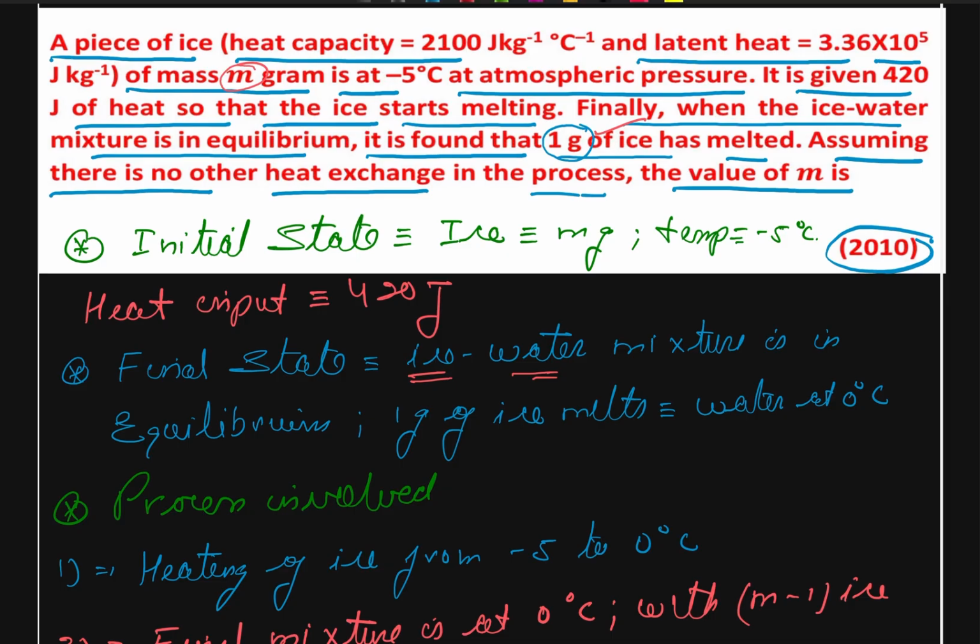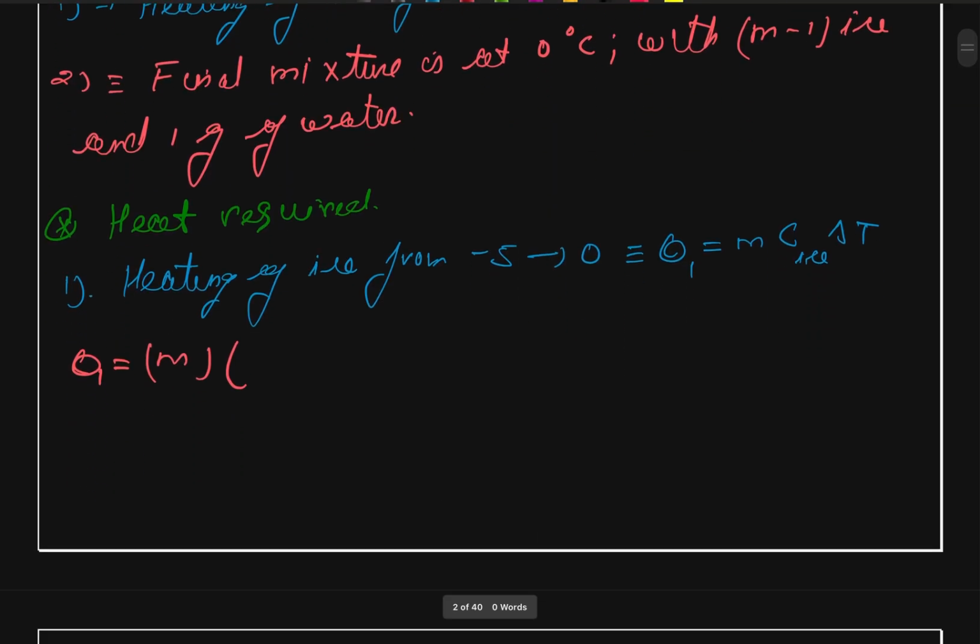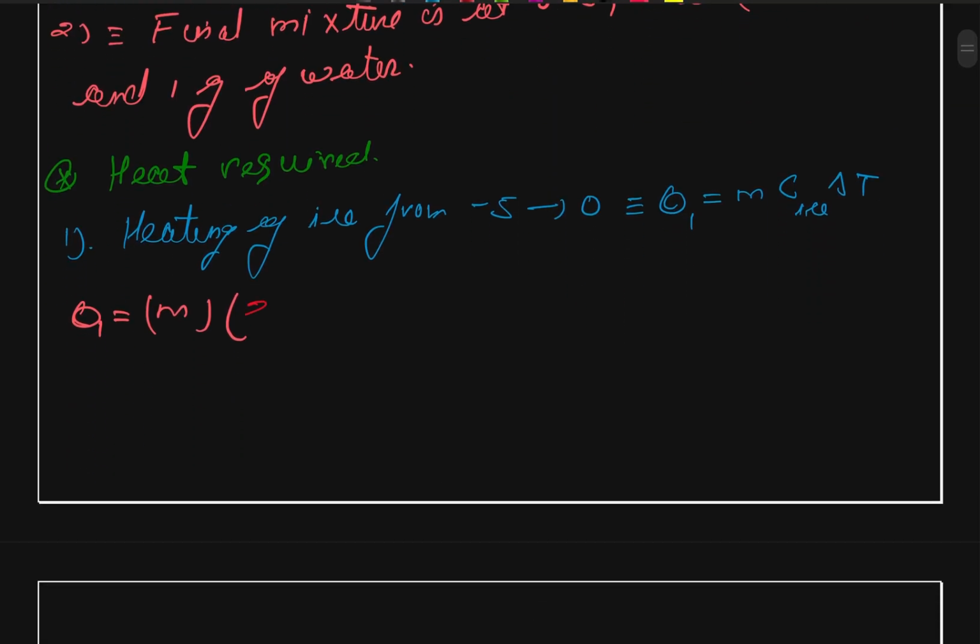We can easily convert into grams, so this will be 2.1, and the change in temperature will be 0 minus -5, and this gives us 10.5 times m joules.